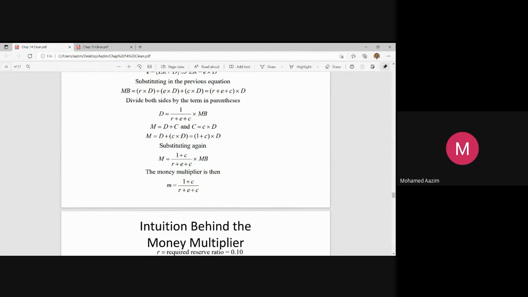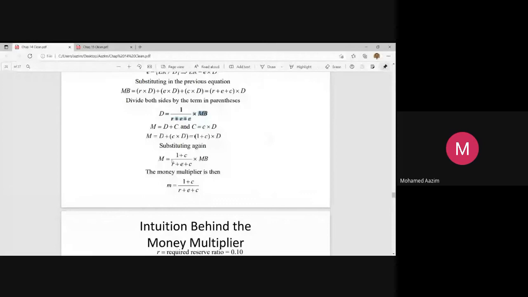So we expand it and derive the equation to say money supply is 1 plus c times the deposits. Then you know what this D is? We derived D here. You replace this component with this D.